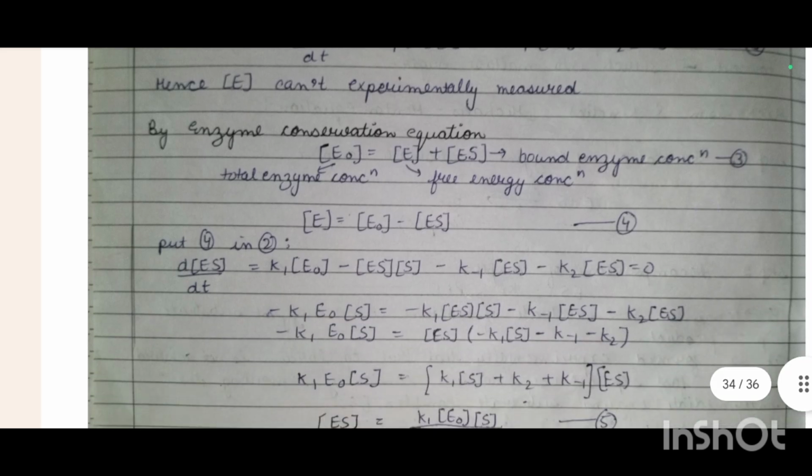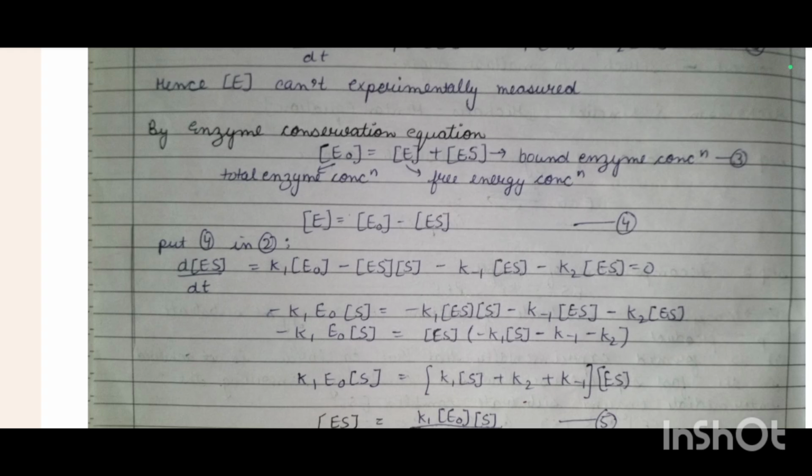Here [E] cannot be experimentally measured. By the enzyme conservation relation, E naught is equal to E plus ES, where E is the free enzyme concentration, ES is the bound enzyme concentration, and E naught is the total enzyme concentration.